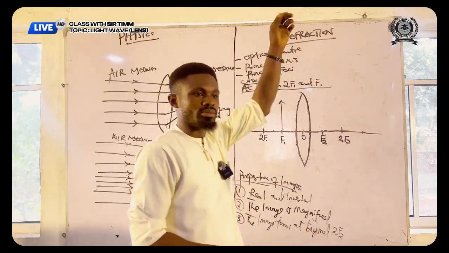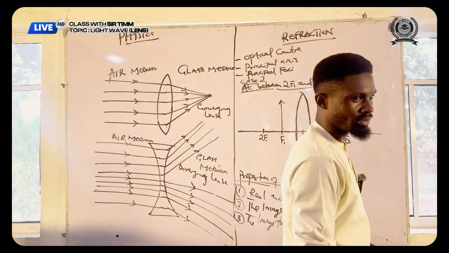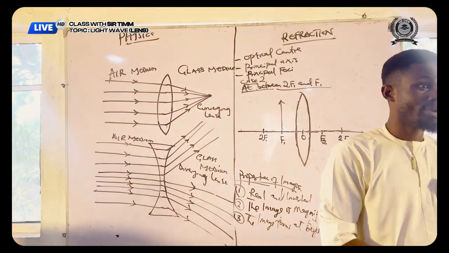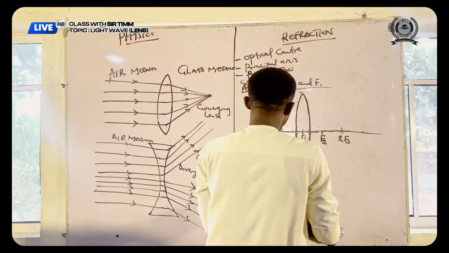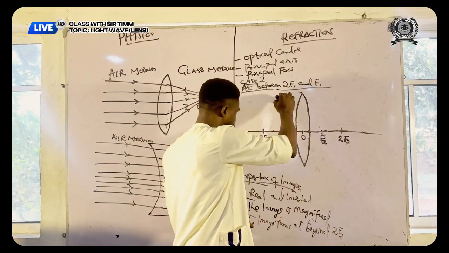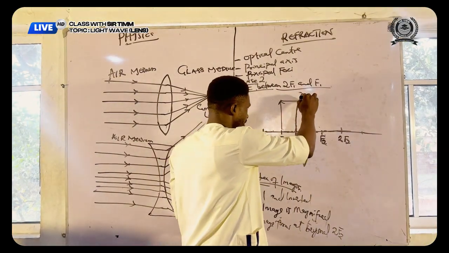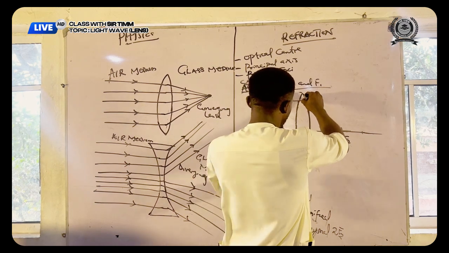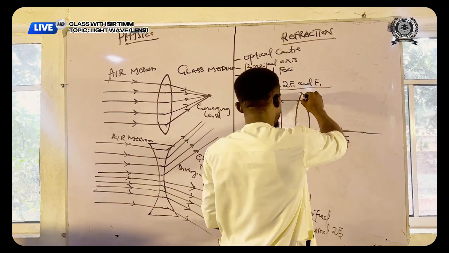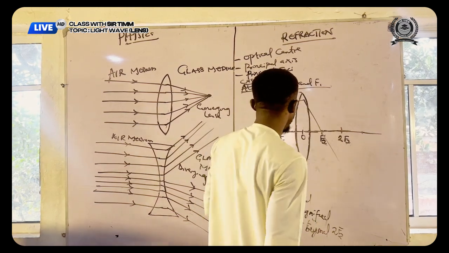So which rule are we using? Rule 1. All of them. 1 and 3. So it means that this ray hits here, it will go here, isn't it? It will refract here.